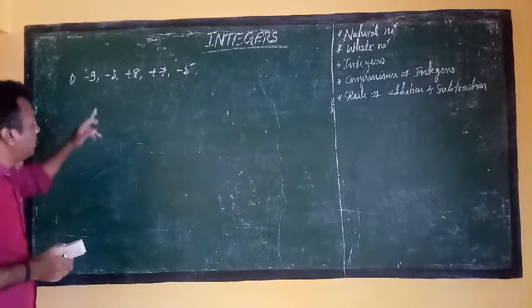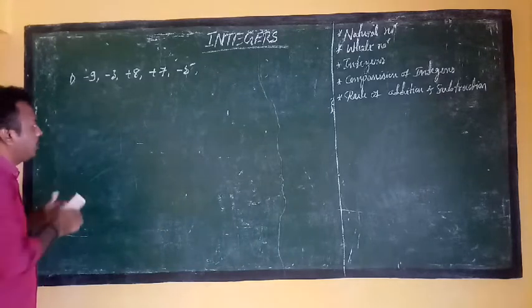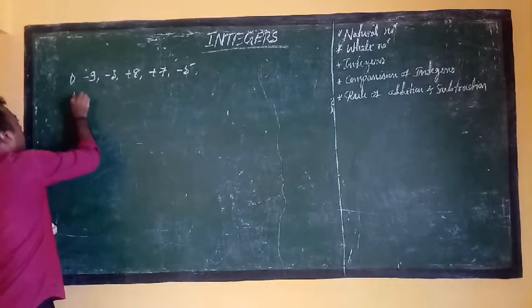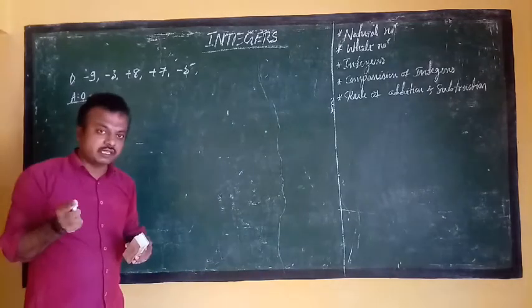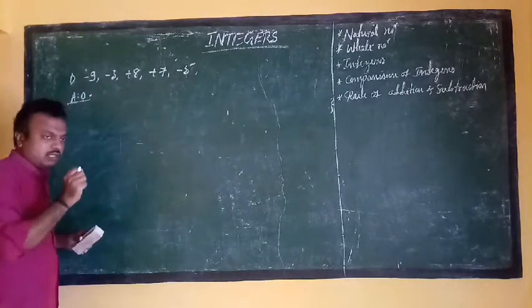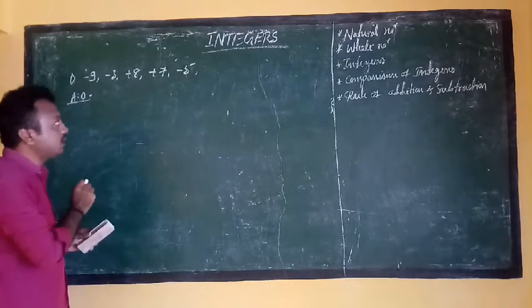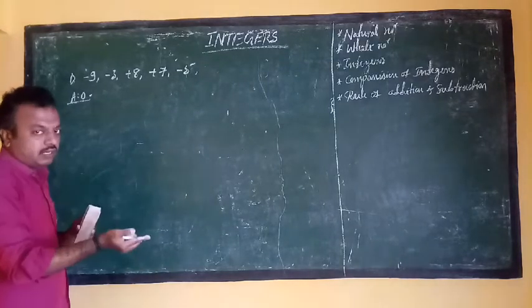In that, write the ascending or descending order. First I will write ascending order. Ascending order means smallest to biggest, correct? So in these integers, which is the smallest? Negative numbers are smaller than positive integers, correct?